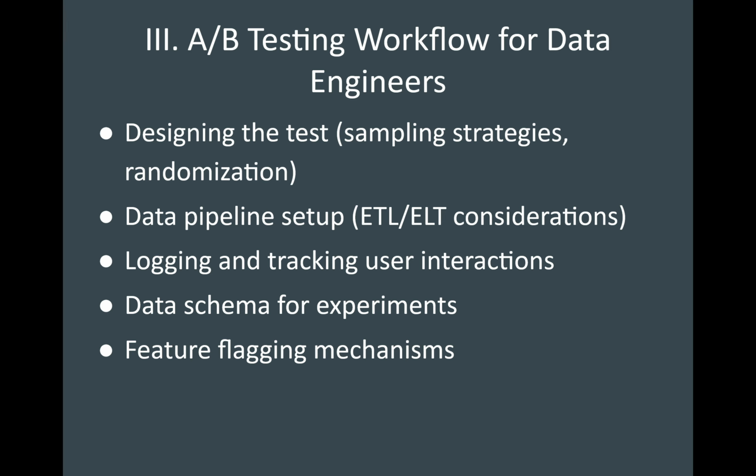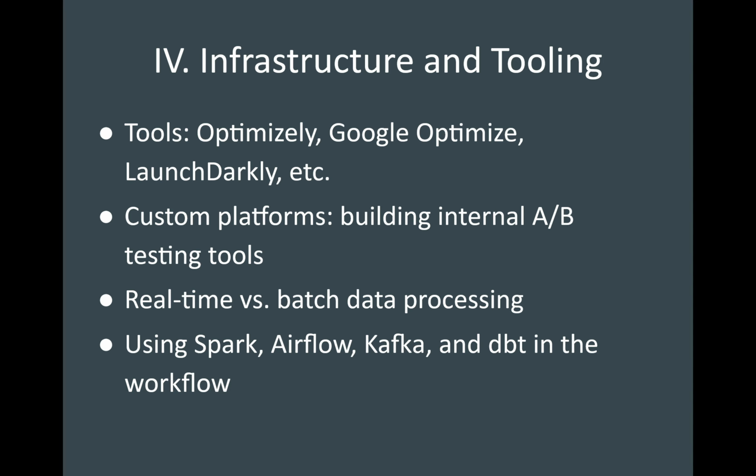Then there is logging and tracking, so events such as clicks, views, purchases are logged using systems like Segment or Snowflake. And then there is the data schema, which standardizes the event formats in terms of JSON, Avro, that simplifies the analysis.